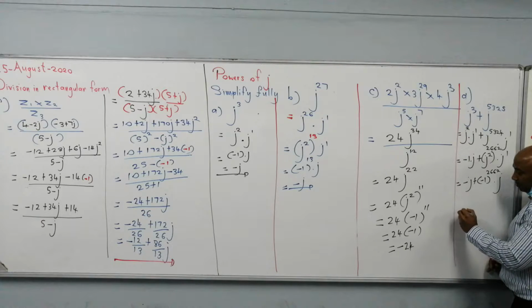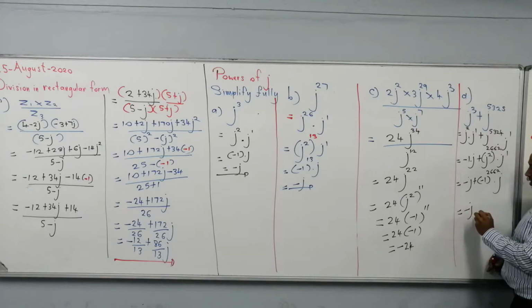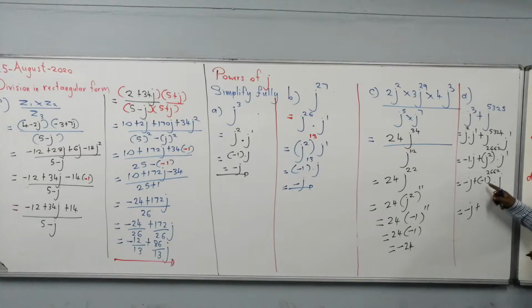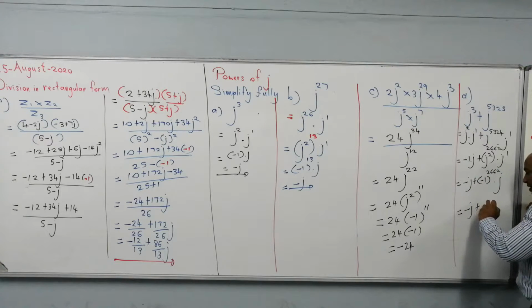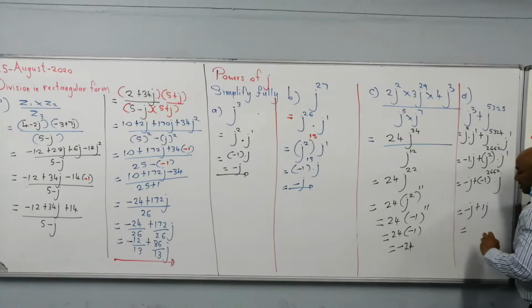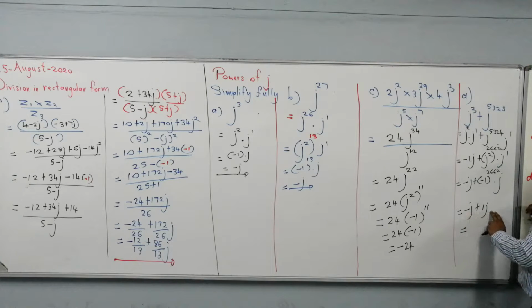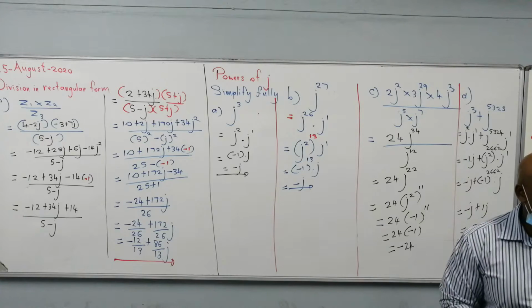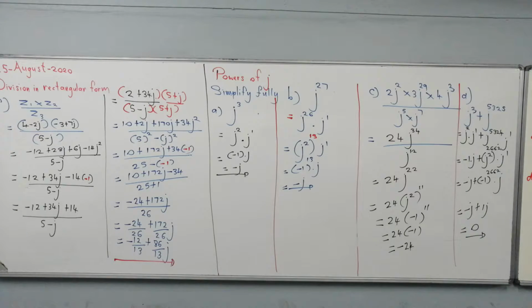So therefore, I get minus j plus negative 1 raised to 2662, which is going to equal a positive 1. Okay, so that's going to be 1 times j. So clearly minus j plus j, yeah? That is 0. Be careful, use your calculator there.